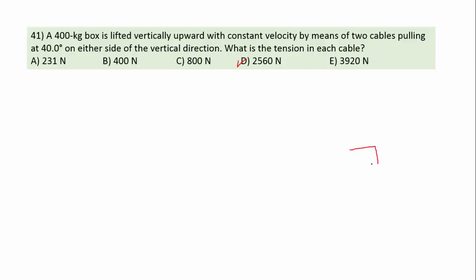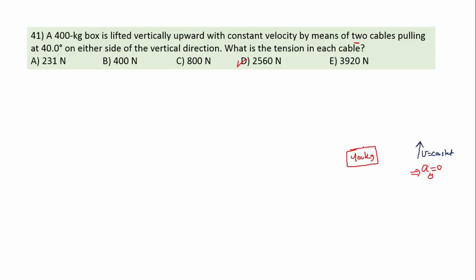So a 400 kilogram box is lifted vertically upward with constant velocity, which means that the acceleration in the y direction is 0. It's lifted by means of 2 cables pulling at 40 degrees on either side of the vertical direction.